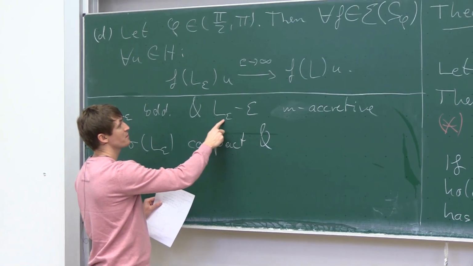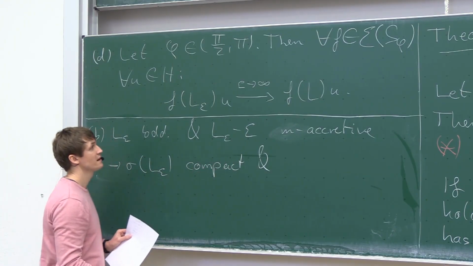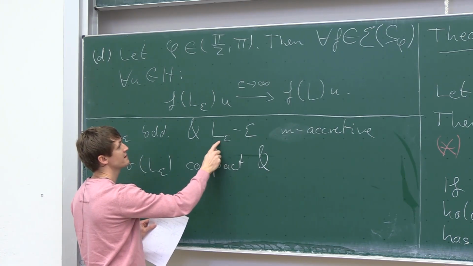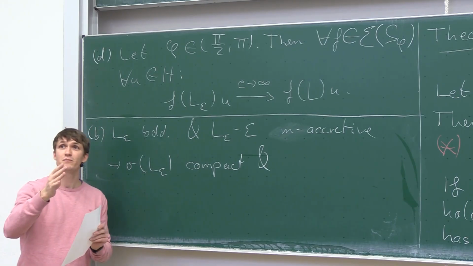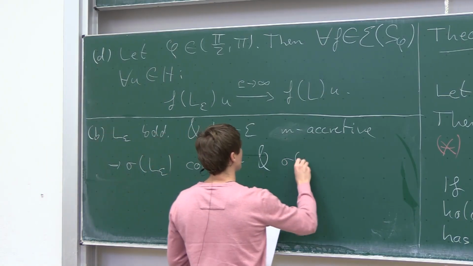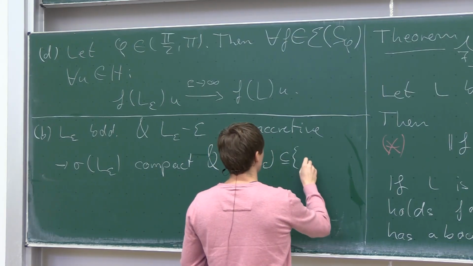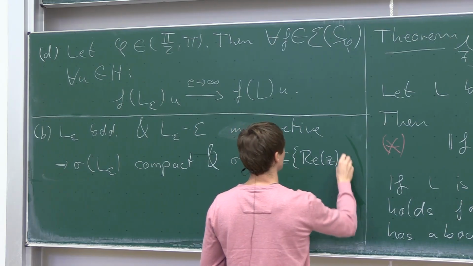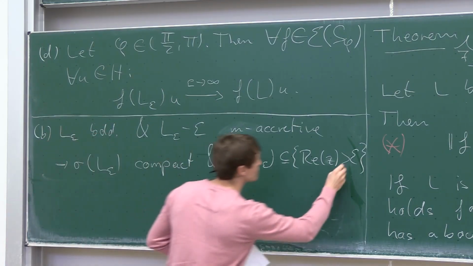But now this is just the operator L epsilon, which is shifted by epsilon. So if I shift some operator by epsilon, and if the spectrum of the shifted operator is contained in the right half plane, this means that the spectrum of L epsilon itself is contained in the part of the complex plane of all complex numbers which have a real part greater or equal than epsilon.